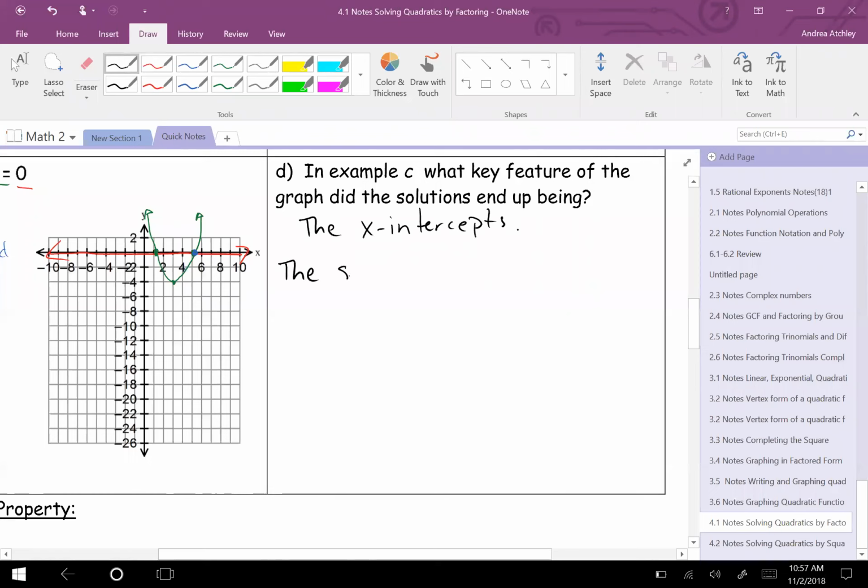Okay, the solution to a quadratic equation, or the solutions to a quadratic equation, are the x-intercepts.